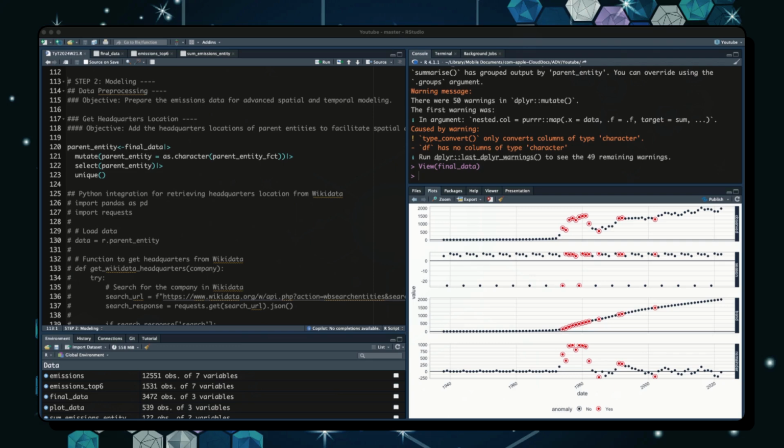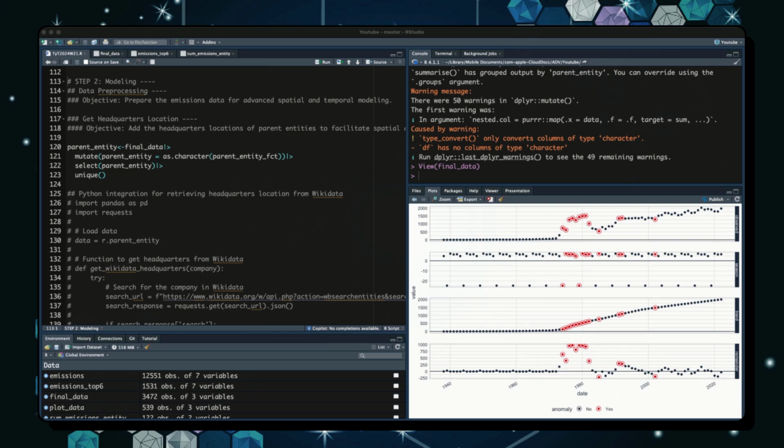Okay, now that we have a clean dataset to work with, it's time to start the modeling steps with some data preprocessing. Yes, more data preparation. There's always a ton of data preparation if you want a good model. So here we want to predict over space and time. I could have just done the modeling without the step that I present here to use the GPS location of each entity.